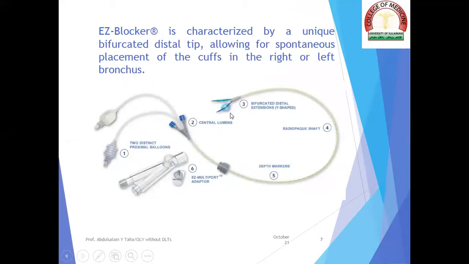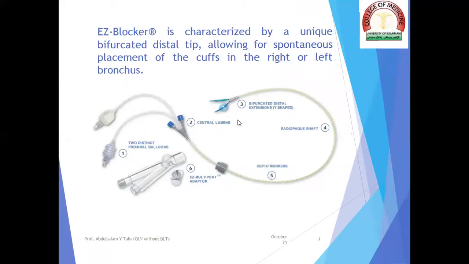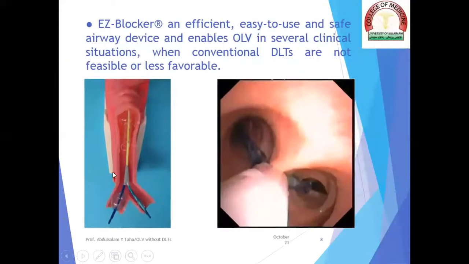So as you can see in this picture, we have two balloons. One enters the right main bronchus and the other enters the left main bronchus. And one of them can be deflated at a time. So we can have a selective ventilation of the right lung or the left lung.